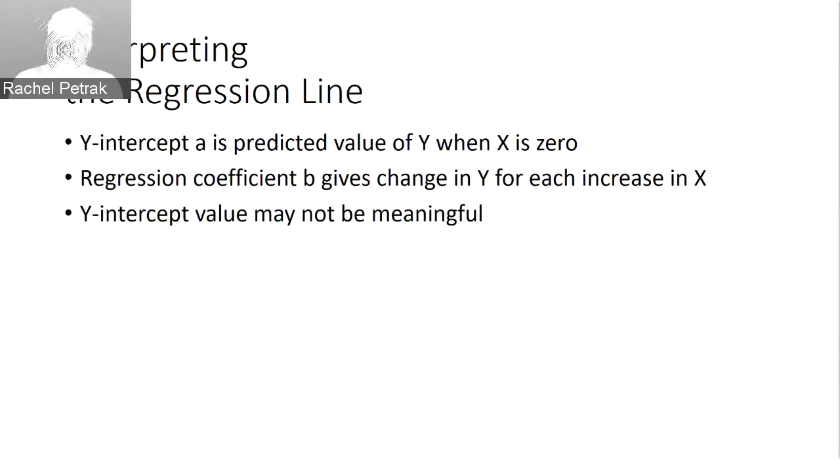Sometimes the intercept is valuable, like if it's possible that x could take on a value of 0, then the y-intercept is more likely to be valuable. But if you instead have a research situation where x, the predictor variable, couldn't possibly be 0, then the intercept is not especially helpful or meaningful.